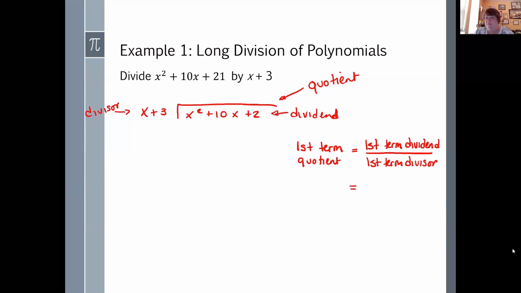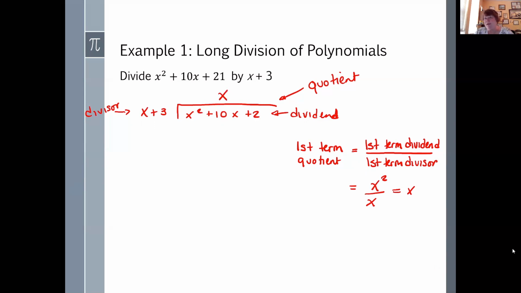So in our case, the first term in the dividend is x squared. First term in the divisor is x. X squared divided by x is x. So the first term in our quotient is x. I'm going to write that above the division bar.